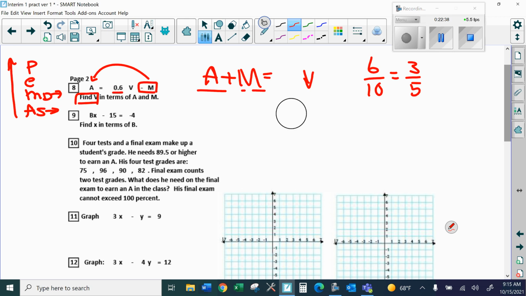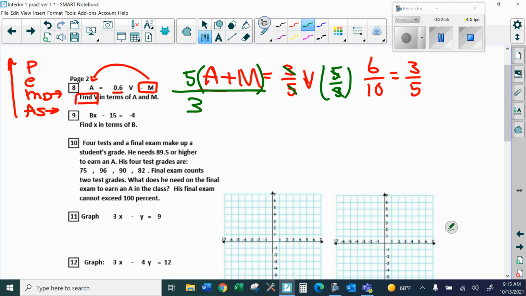So this 0.6 is the same thing as 3/5 V. So now I just go ahead and multiply by the reciprocal, 5/3, and that equals 1. Those cancel out. So on this side, I'm multiplying by 5/3. So that would be my answer. V equals 5 times the quantity, A plus M all over 3. Okay, that's more than likely how they're going to have it. They don't usually leave decimals in a fraction.